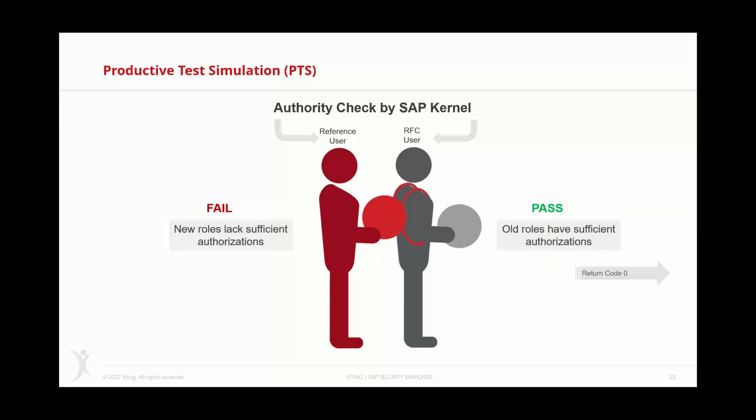So all that can happen in the background. Again, we're not taking SAP all away. It's not impacting the interface, and we can really, in any system, whether it's in production or any other system, we can quote unquote test the new roles.